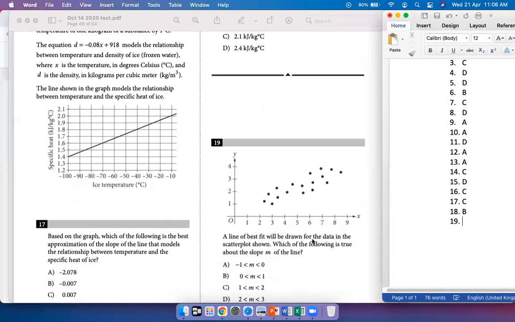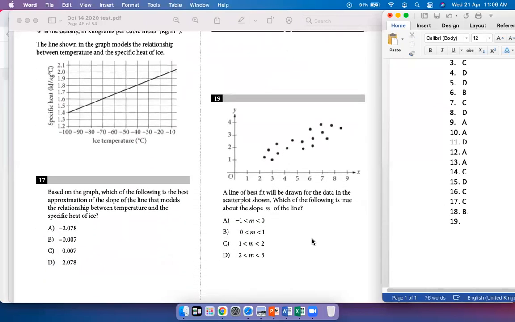Okay. A line of best fit will be drawn for the data in the scatter plot. Which of the following is true about the slope of the line? Okay, so I'm drawing a line of best fit. So let's see, it will look something like this. Something like that, right? Now I know that my slope is positive because it's a rising line, so it can't be this.